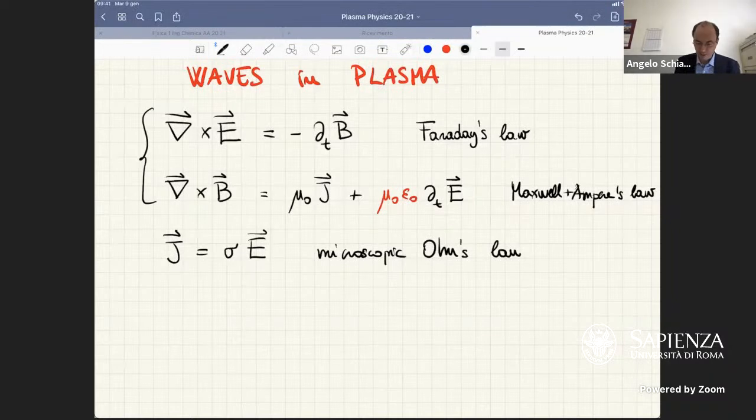Well, you might remember sigma is equal to 1 over eta, and eta is the resistivity of the plasma. In general, sigma can be very complex, can be a tensor quantity if the conductivity is different in different directions, which is the case when we have, if you remember, an externally applied magnetic field.